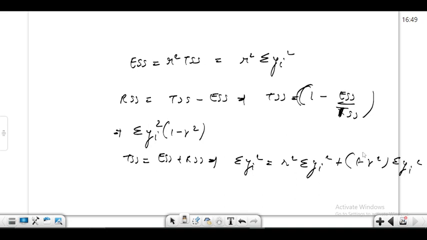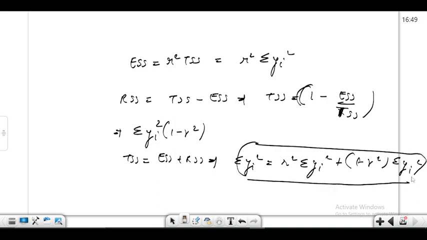If you're given the value of summation y square, then you can calculate your R square value using this formula also. These are just modifications and might not be very important for you. I just brought it up because I thought you might need to know this, but it's not that important, so just forget this part.